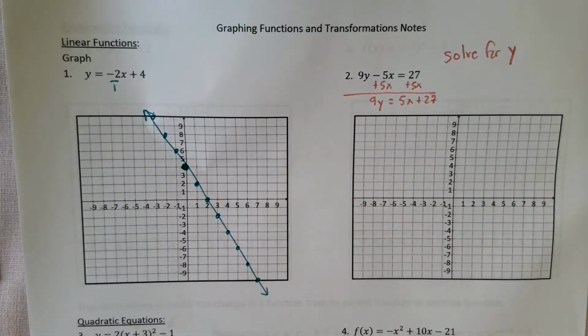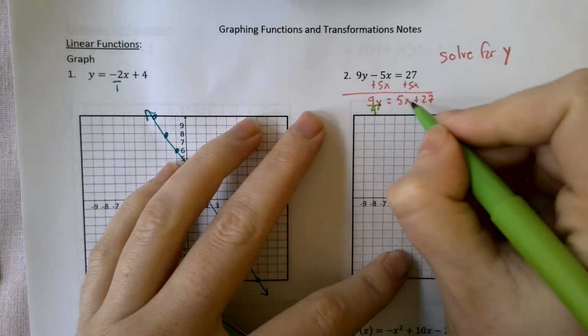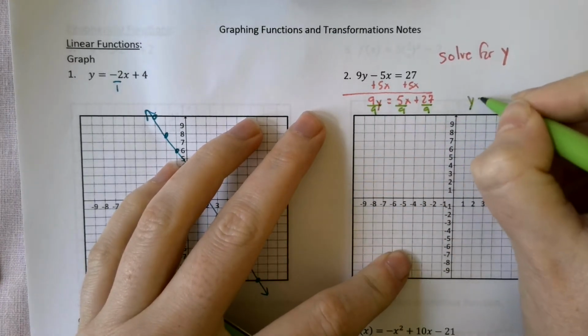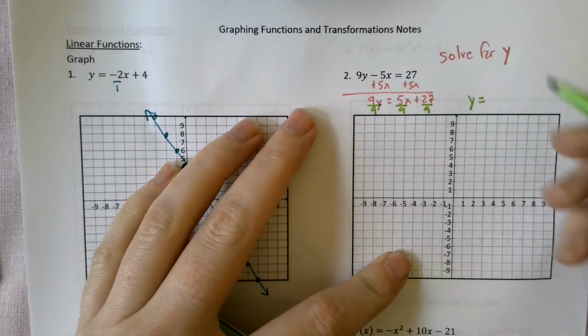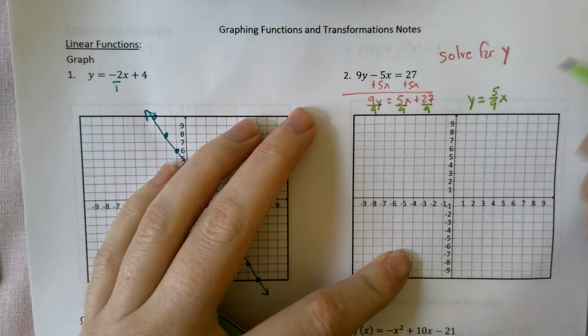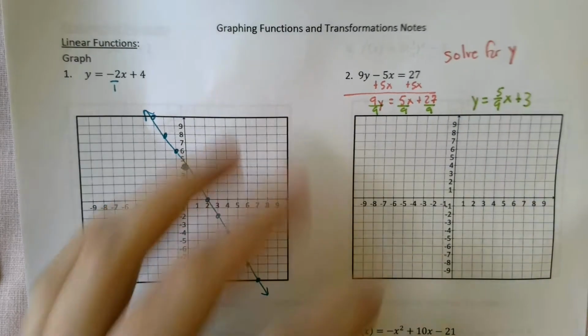Okay, and then we still need to get y by itself. And so we need to divide everything by 9. So we're going to get y equals, because our 9's cancel out, 5 divided by 9 does not simplify, x, and then 27 divided by 9 will give us 3.